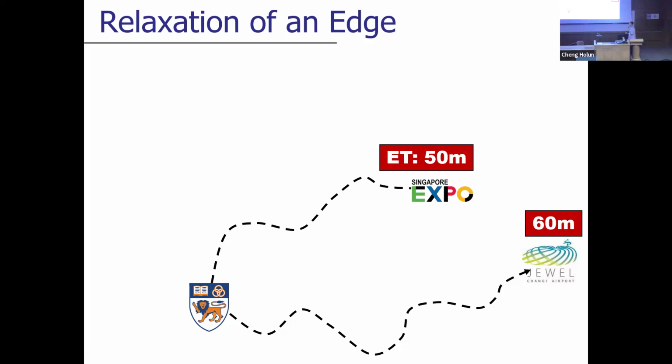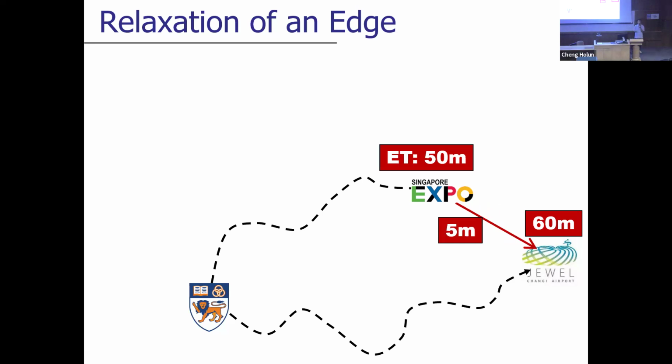This is just facts and assumption. And now the question of this relaxation is, what if I find out there's a way from Expo to Changi Airport in 5 minutes? So the edge we want to talk about is this one from Expo to Changi. Will that change my perspective on how I go to Changi?